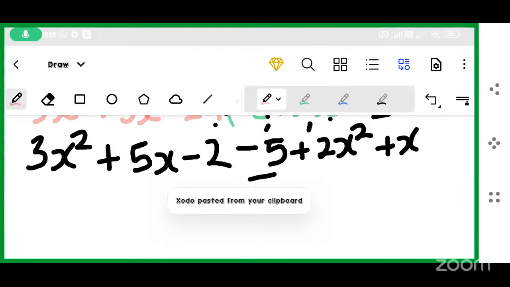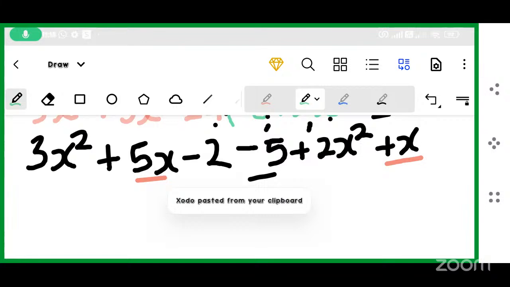Okay, 5x, yes. And the x. Do you see any other like terms? No, ma'am. Okay, so these are your like terms.